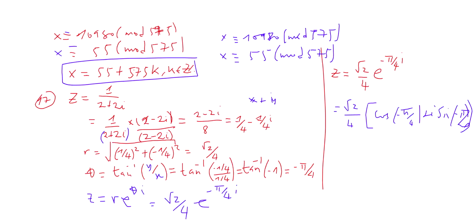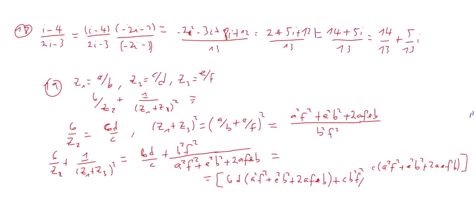Then in question 18, we're asked to compute the real and imaginary parts of this complex number, i minus 4 over 2i minus 3. It's really not tricky. If you look at the denominator, 2i minus 3, you want to write its complex conjugate.